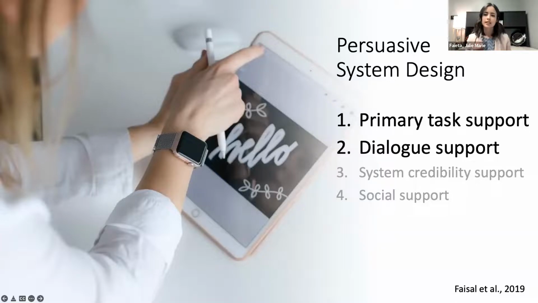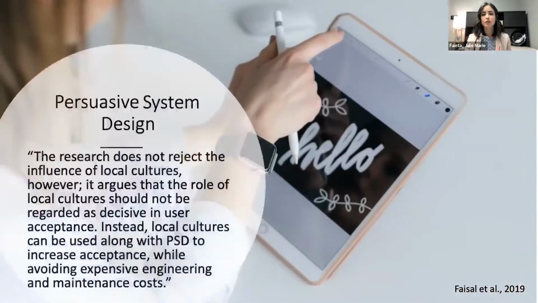One of the ideas that they discussed in this article was the idea that tying or aligning software to a specific culture, maybe a small group within your target population, in order to support user acceptance within that culture might be a bit antiquated and perhaps inefficient as compared to prioritizing persuasive system design principles within your design. They say with the diminishing influence of cultural factors within the realm of apps, the design of apps can aspire to be universal.